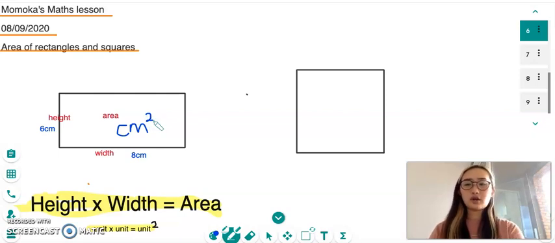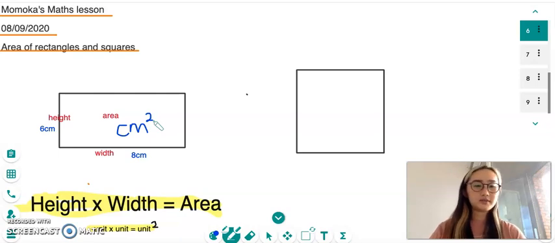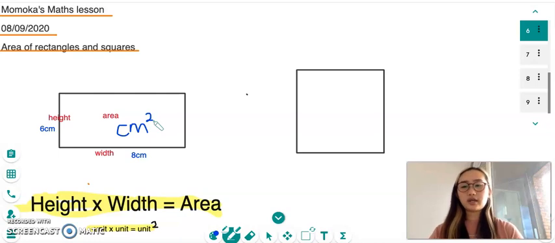So have a go at working out the area of that rectangle. I would give them a few minutes, wait for them to answer, and if they seem to be struggling, guide them. So say, what is the height here, what is the width here, now what is 6 times 8?